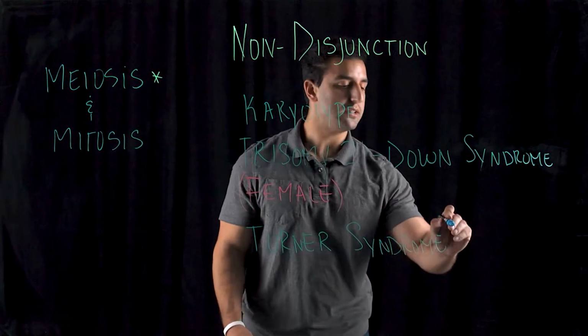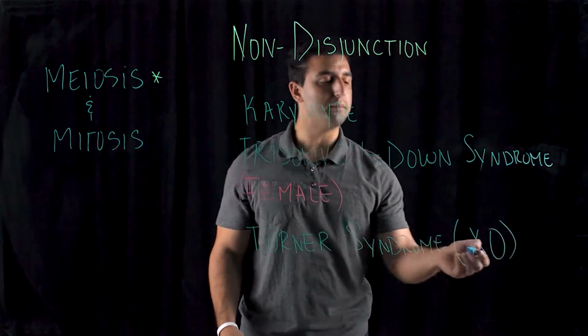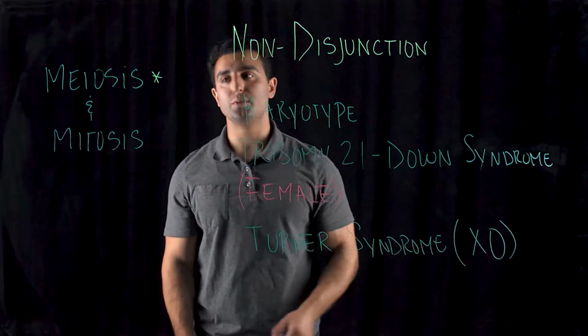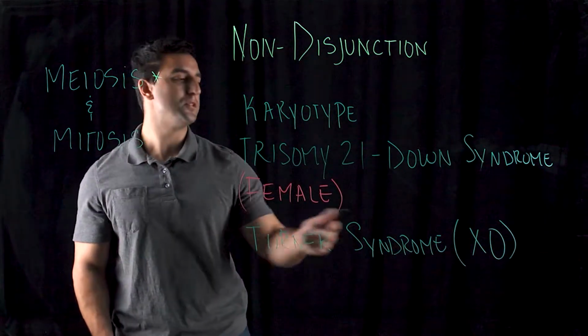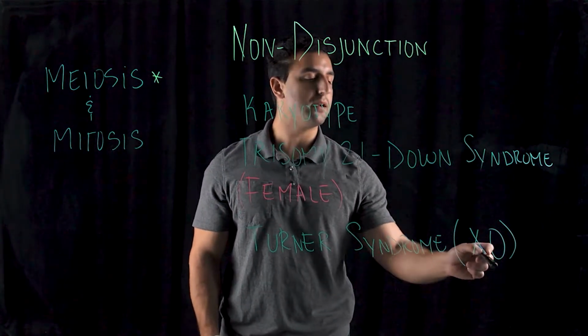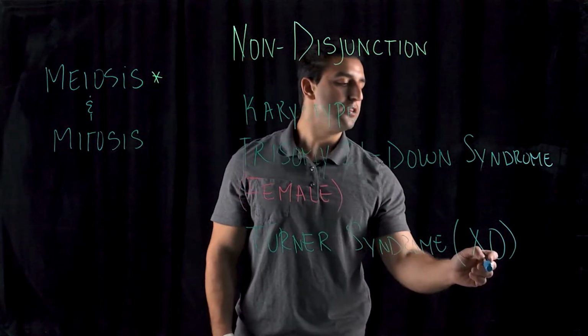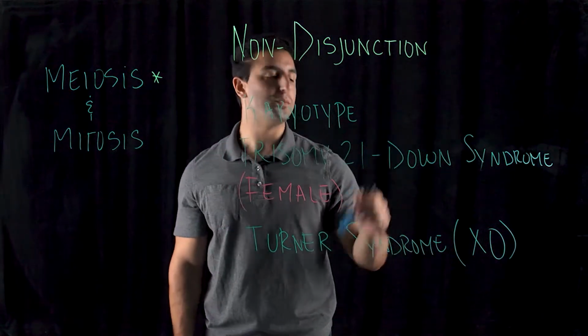These patients have an XO phenotype, O meaning blank, right? When we look at the actual chromosomes, you have the autosomes and the sex chromosomes: 22 pairs of autosomes, and 1 pair of sex chromosomes. When we look at the XY determining gender, these patients have just 1 X chromosome.